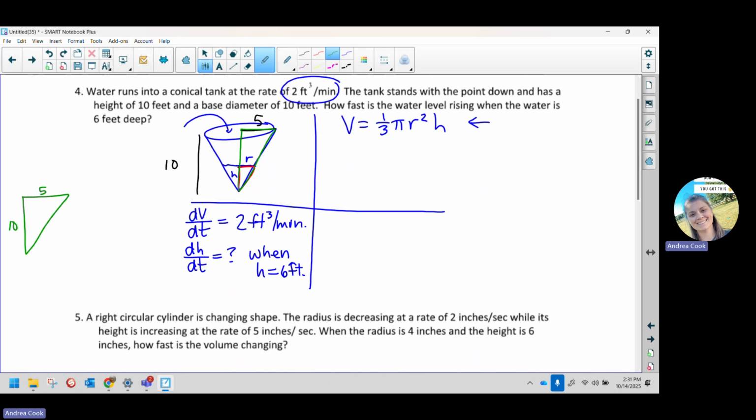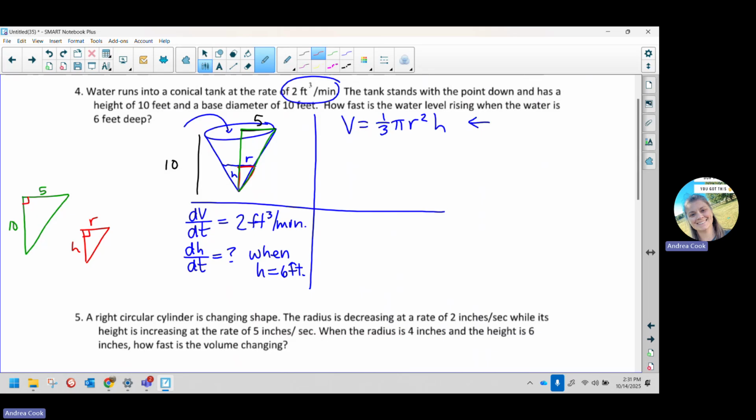The little triangle, this is H, this is R. They're both right triangles and all right triangles are similar, so I can set up proportions.